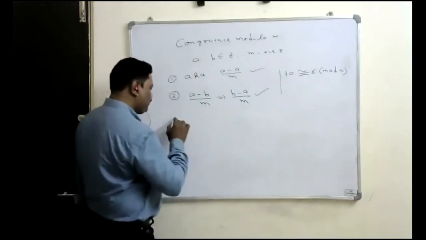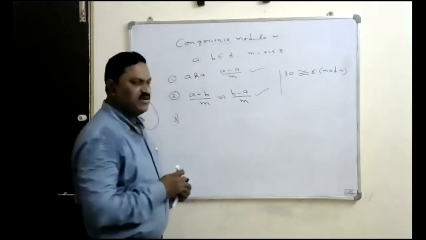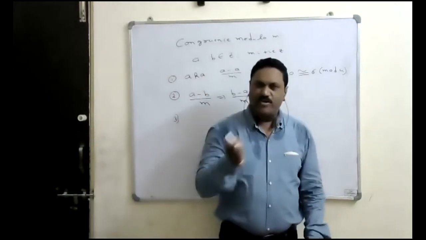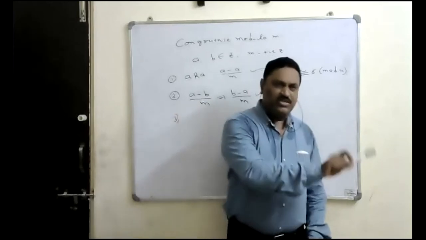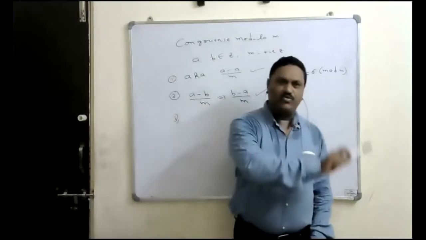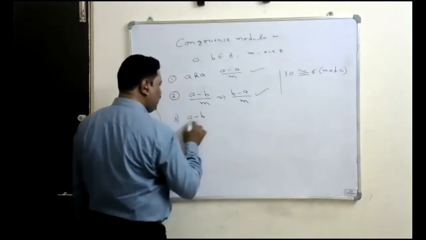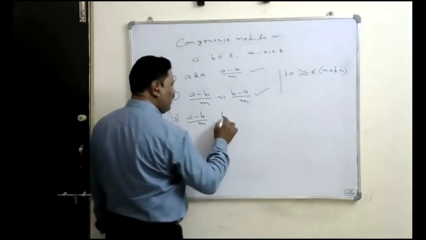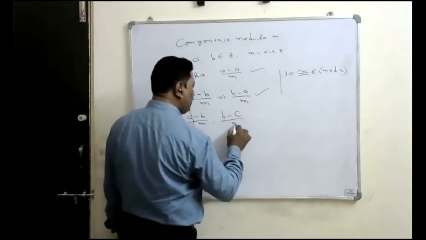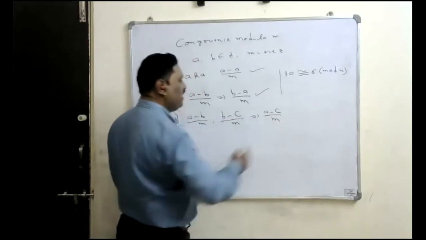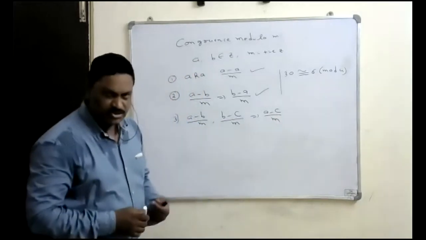The third one, we will check whether it is transitive or not. Transitive means if a is related to b and b is related to c, then a must be related to c. That is, if a minus b is divisible by m and b minus c is also divisible by m, then a minus c should also be divisible by m. Is that correct?